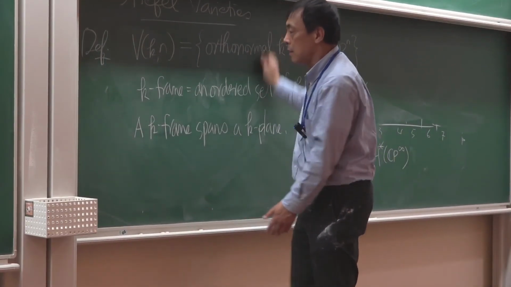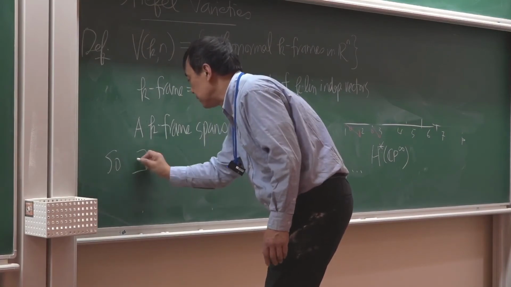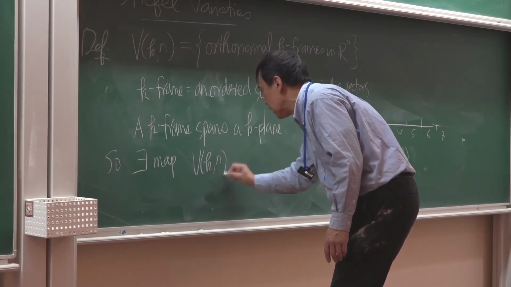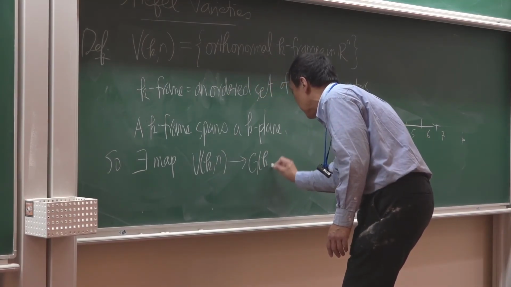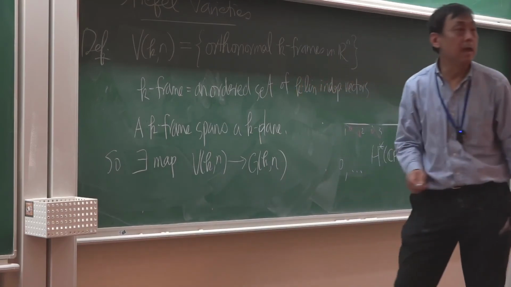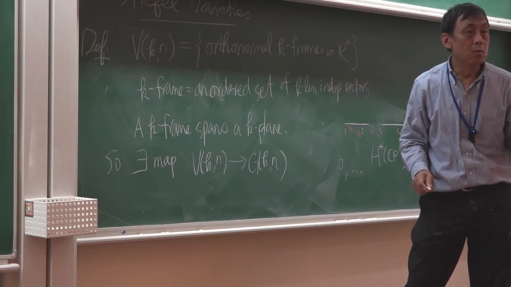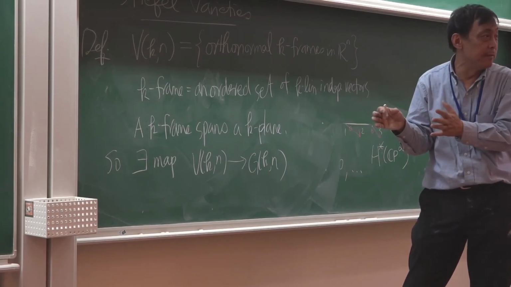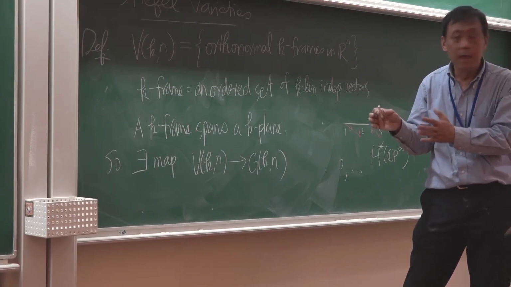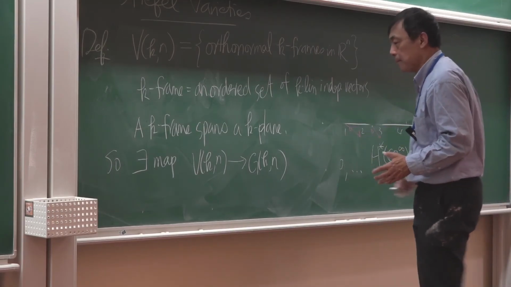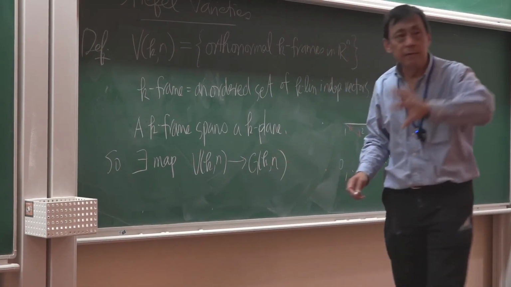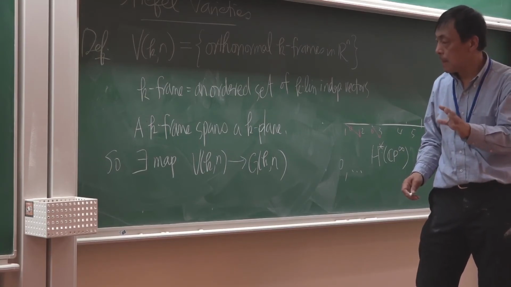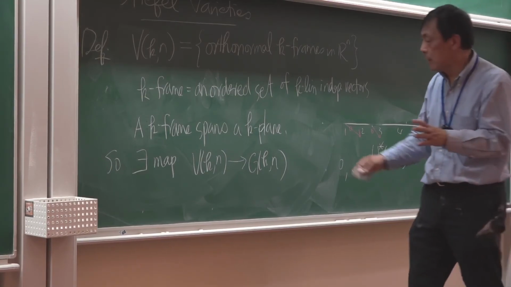So there exists a map from V_K,n to G_K,n by just sending the K-frame to the plane it spans, right? And so the fiber would be all the different orthonormal bases of a K-plane.